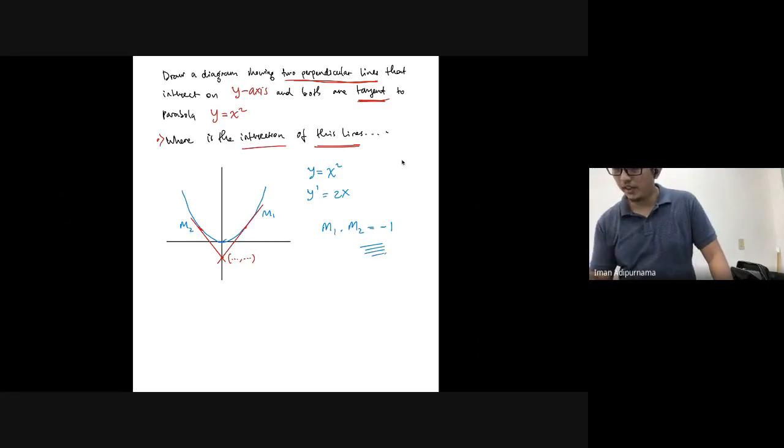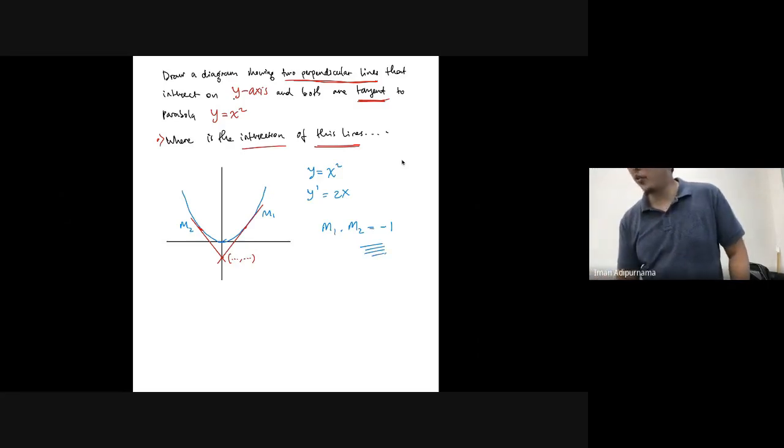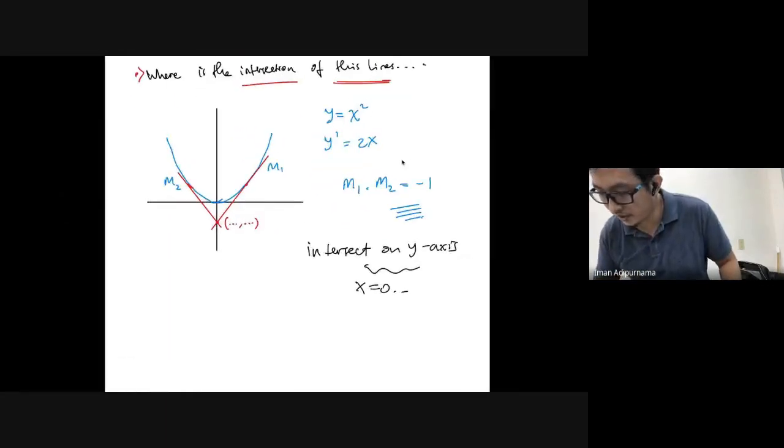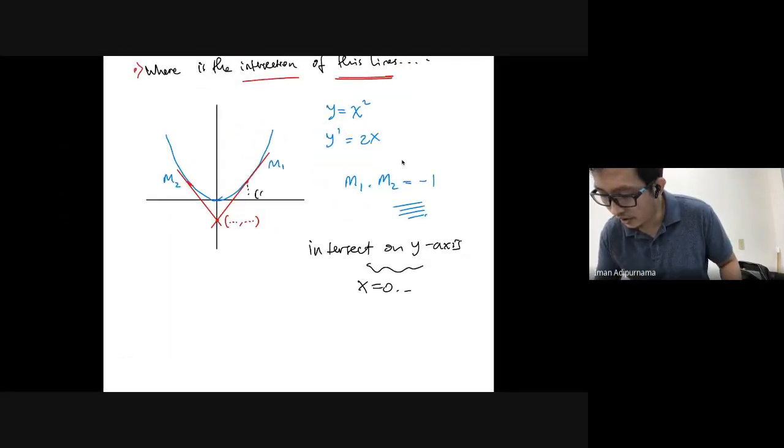Okay, and then remember, it will intersect on the y-axis, meaning x is 0 there, right? So if you have this is a and a squared, right? This is -a squared, right? This point.